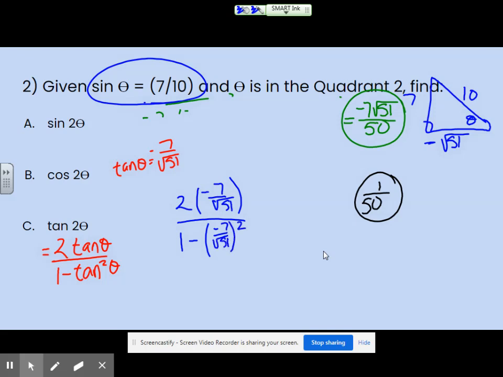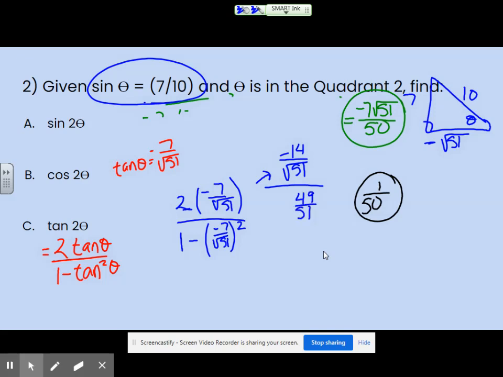I'm going to clean this up a little bit. I can multiply that negative 2 in my numerator, so that my new numerator is negative 14 over radical 51. And I'm going to clean up my denominator by squaring it to get a positive 49 over 51.